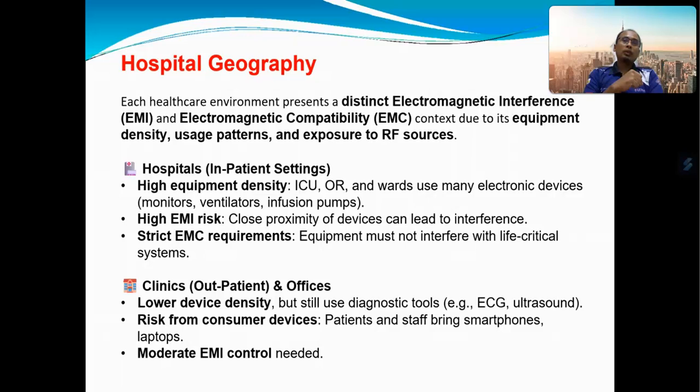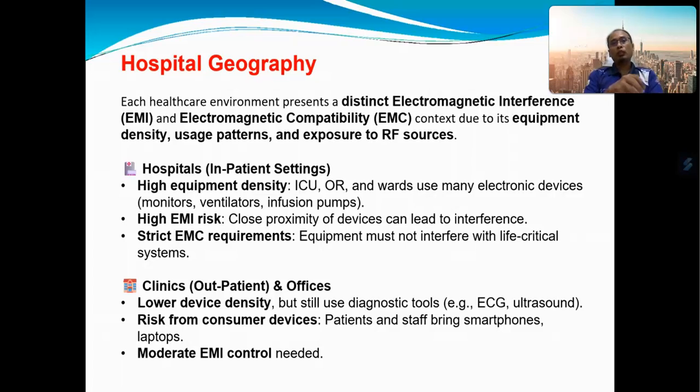What is an example of RF sources? One example of RF, or radio frequency, sources is your handphone or mobile phone. If you go to the hospital, at certain areas your handphone is not allowed to be activated.